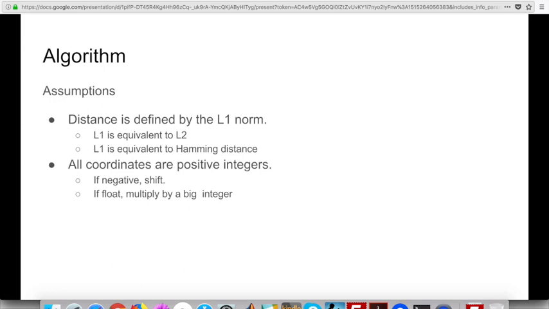More information about this assumption and their argument are available in the paper. The other assumption is that points have to be positive integers. Again, it is presented that if the points are negative, you can just shift them. If they are floats, you can multiply them by a big integer.